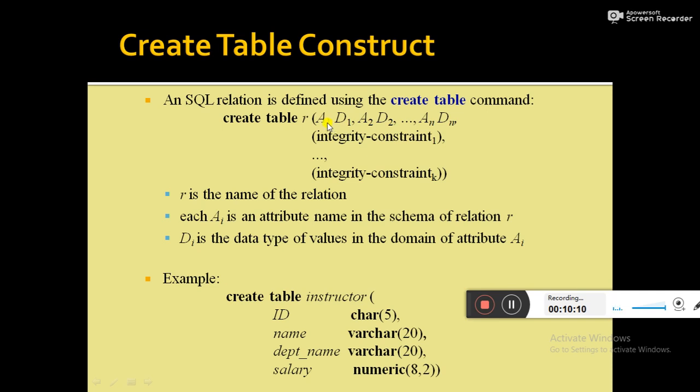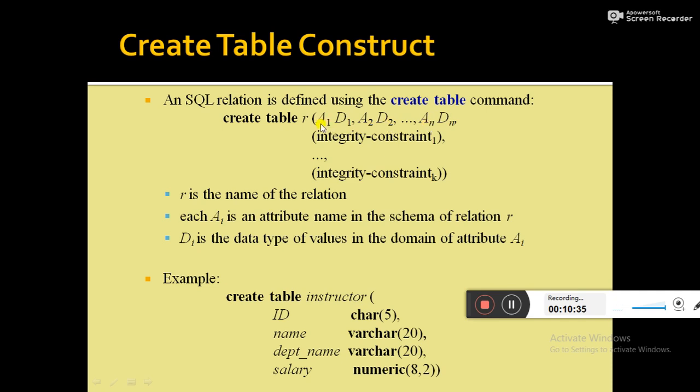For example, A1 D1: here A1 is the name of the attribute which relation R has, and D1 is the data type of attribute A1. Then comma, we can specify another attribute A2 with data type D2, and so on, up to An, the nth attribute, with data type Dn.